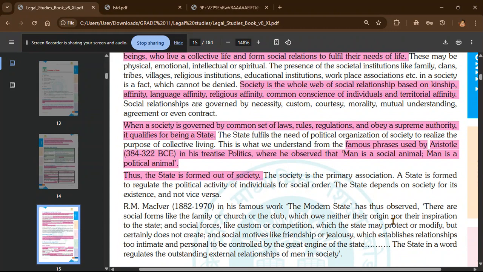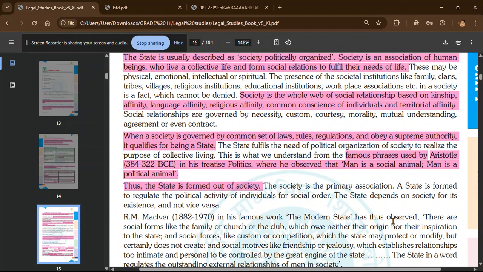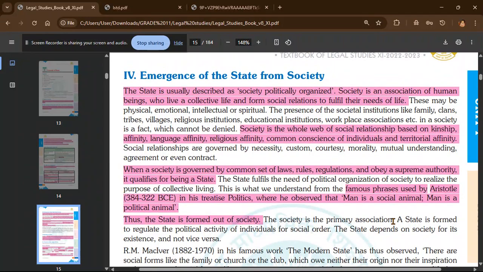So what you will write: man as a social animal implies that a man is naturally inclined to live in communities and interact with other people, to form social relations to fulfill the needs of life.